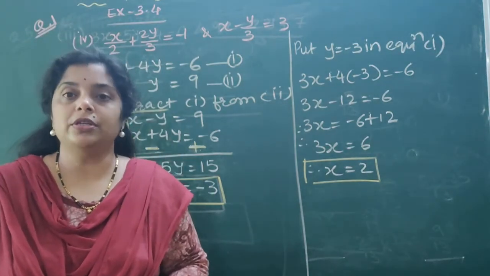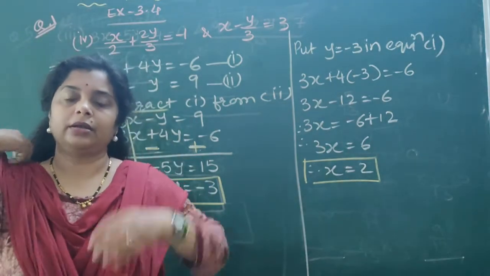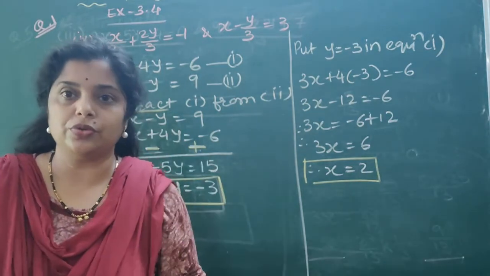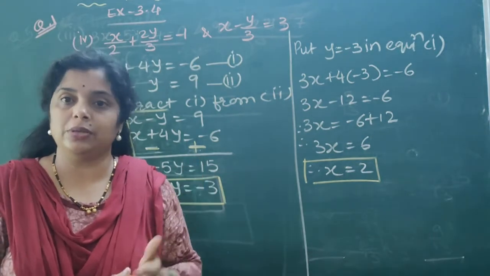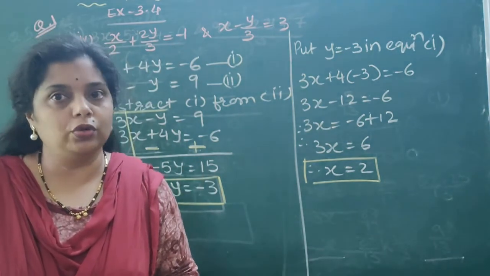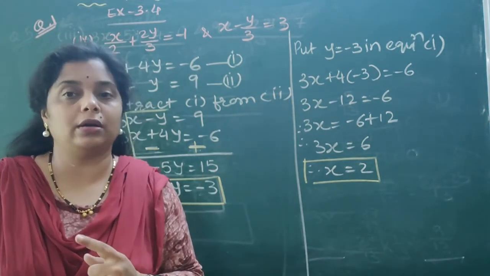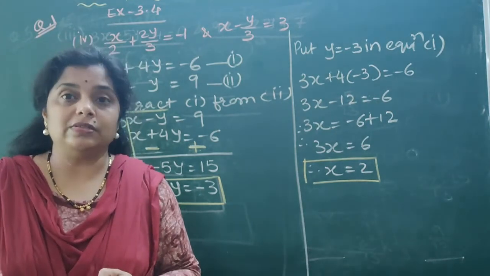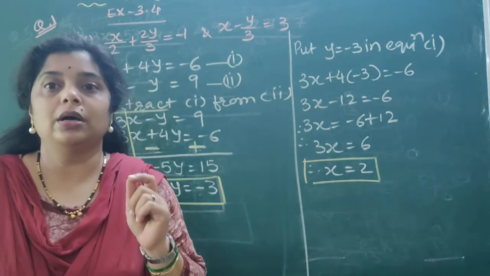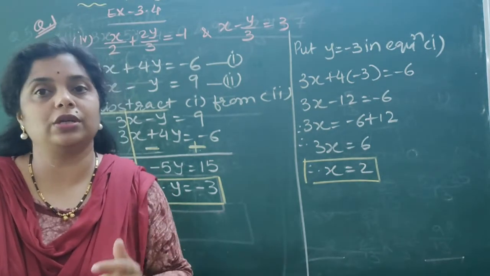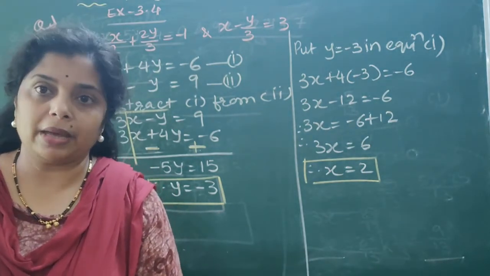In the exam, if it is not mentioned that you use the substitution method or cross multiplication method, you can use the elimination method to get the solution. In this way you can get an exact answer, and the time consumption is less compared to the substitution and cross multiplication methods.